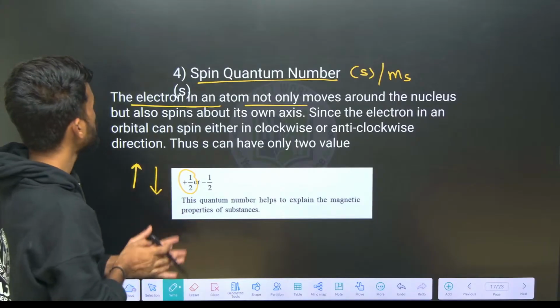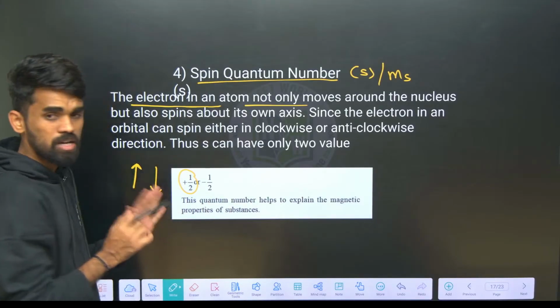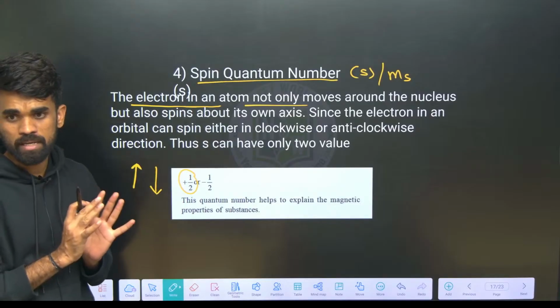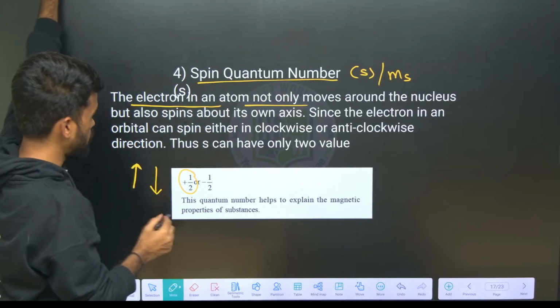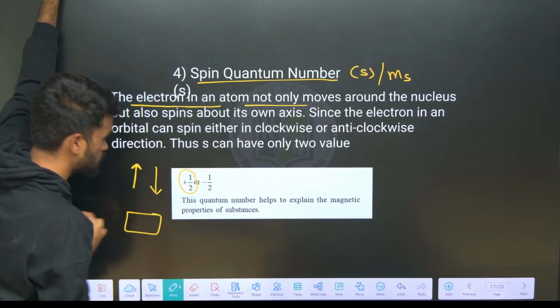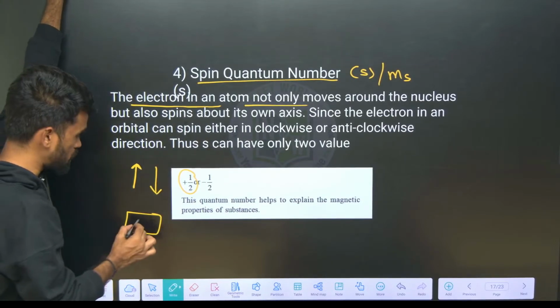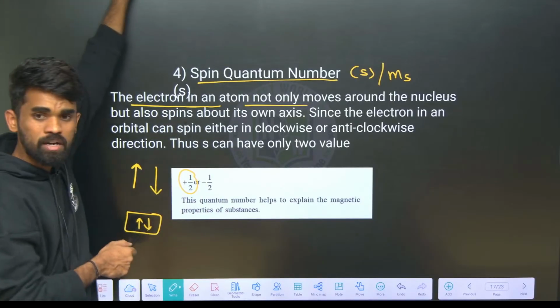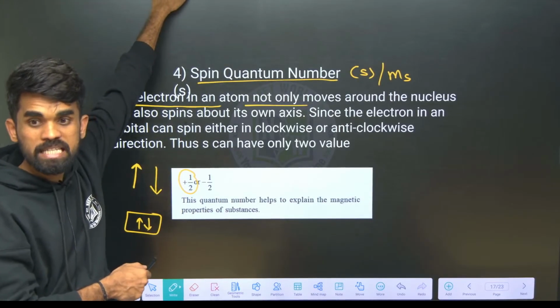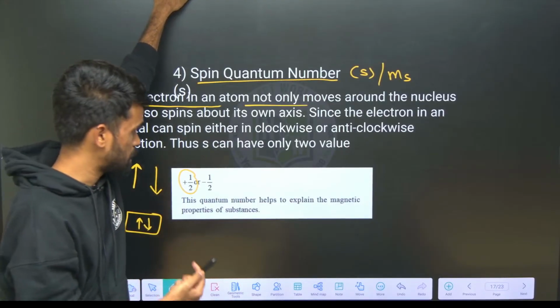But both electrons should have opposite spin. In an orbital, how many electrons are we filling? The rule is 2, so both electrons should be with opposite spin. This rule is Pauli's exclusion principle. We will discuss it after this.